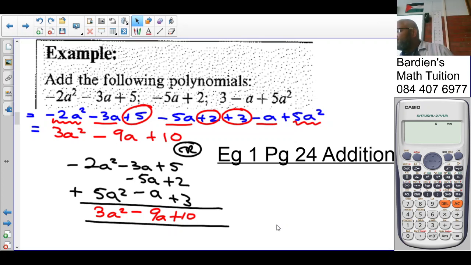People, let's do subtraction. Subtraction is now the second one.